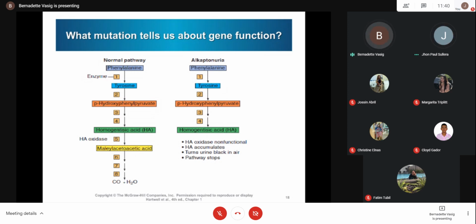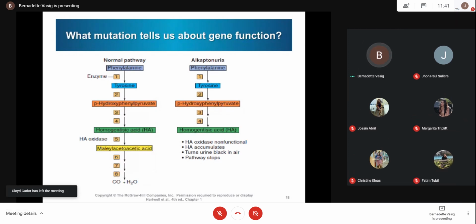It is converted into maleylacetoacetic acid. Yes, that's correct, until different enzymes are also responsible for the conversion of this acid into carbon dioxide plus water. However, due to a non-functional HA oxidase, HA or this acid starts to accumulate and turns the urine black in air. That is due to the stop in the pathway. Okay.